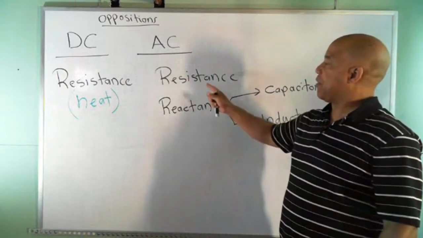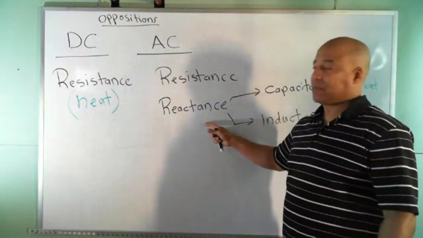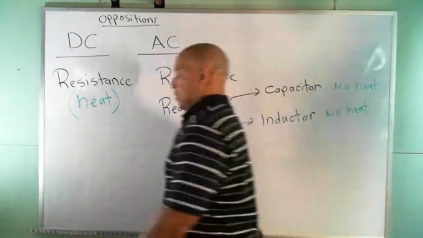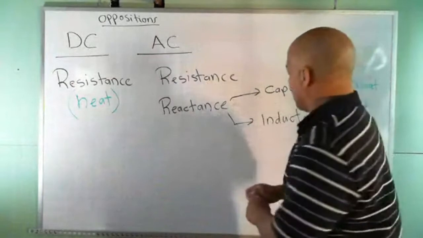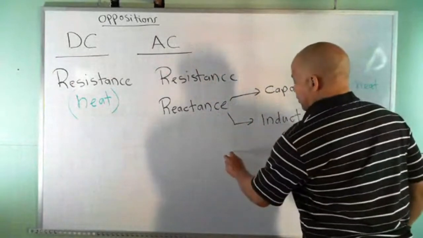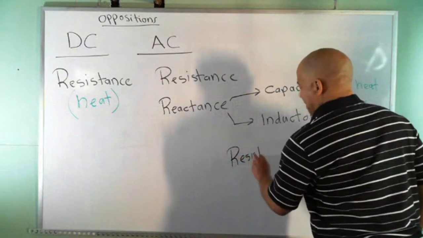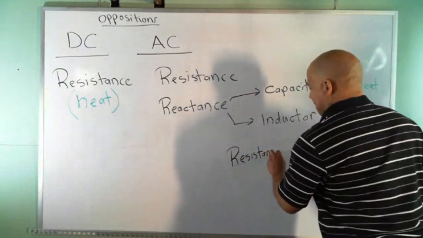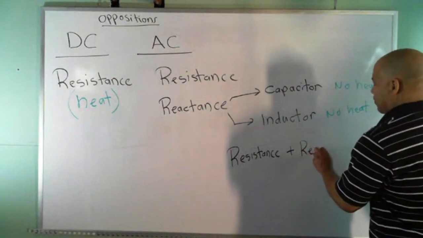So in AC, we got reactance and we got resistance. And there's a third one, because I can have a combination of these two. I can have some resistance and some reactance.